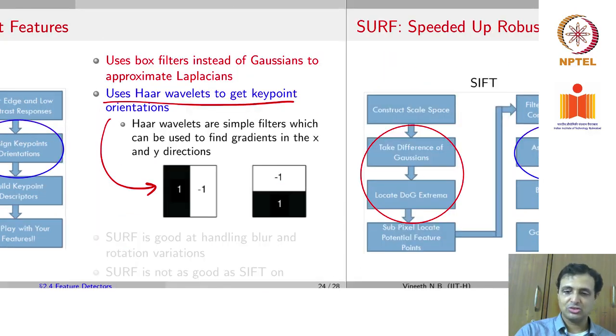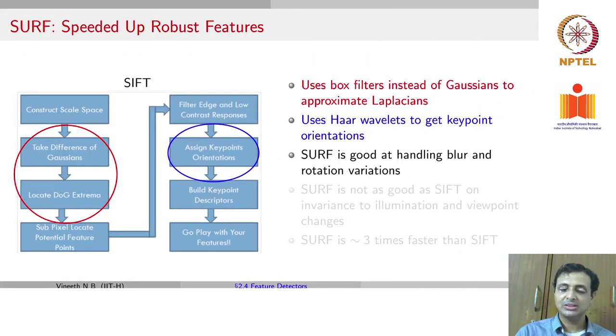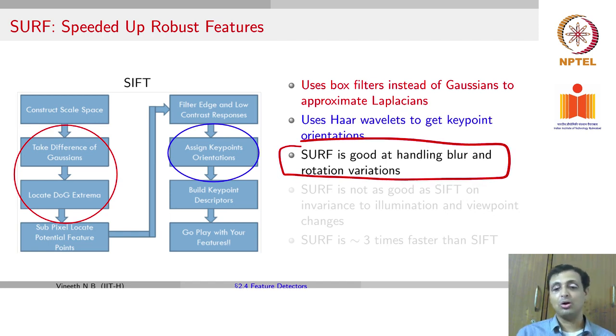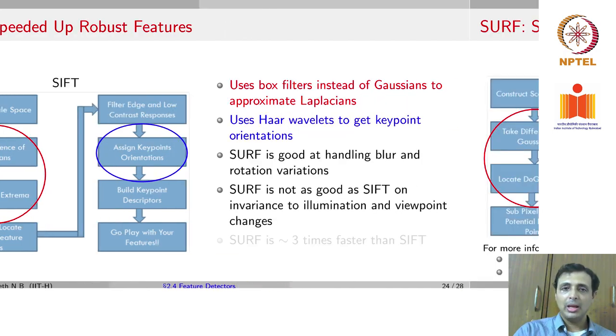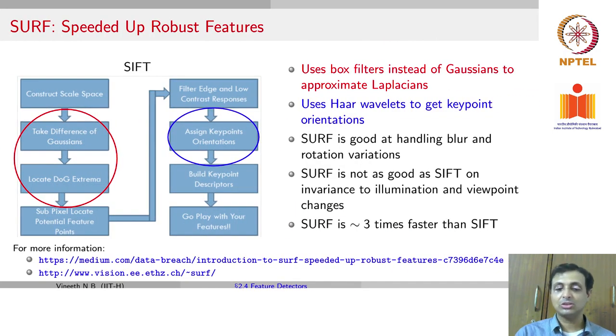So that's one difference of SURF, and that allows SURF to be very good at handling blur and rotation variations. SURF is not as good as SIFT on invariance to illumination and viewpoint changes though, but it handles blur and rotations fairly well. Importantly, SURF is almost 3 times faster than SIFT because of these changes.